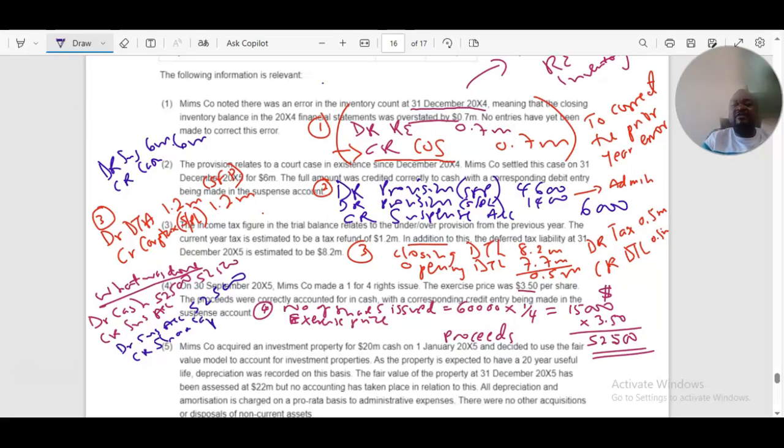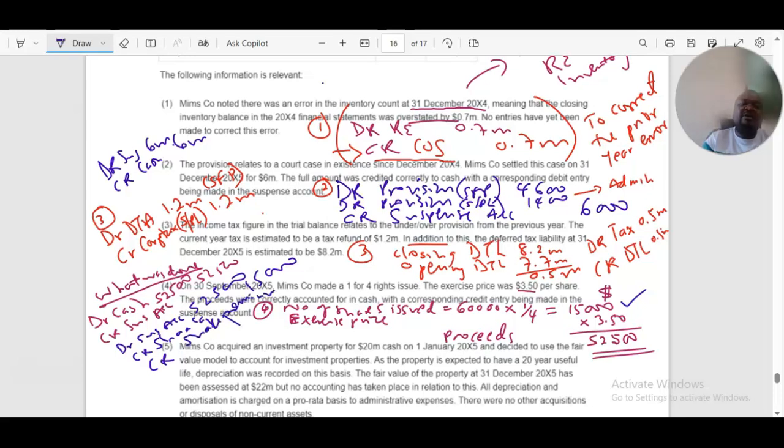How much now? We have been told that there were 15,000 shares which were issued. The nominal value for the 15,000 shares is $1, so the share capital will be 15,000. So we are crediting 15,000. And the balance is the share premium.